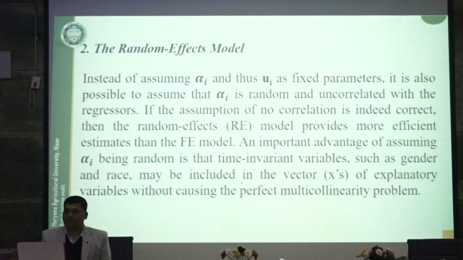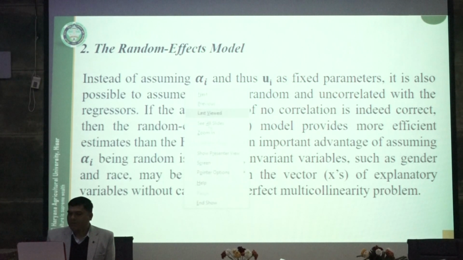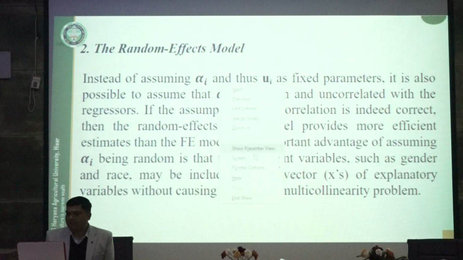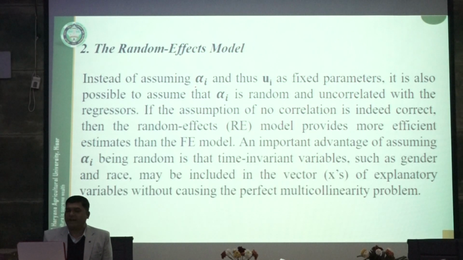So next is the random effect model. In this, instead of assuming alpha i and ui as fixed parameters, it is also possible to assume that alpha is random and uncorrelated with the regressor.